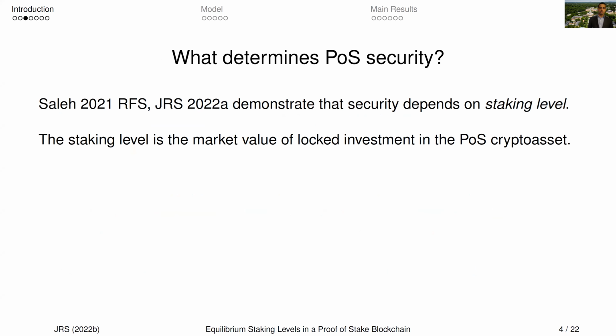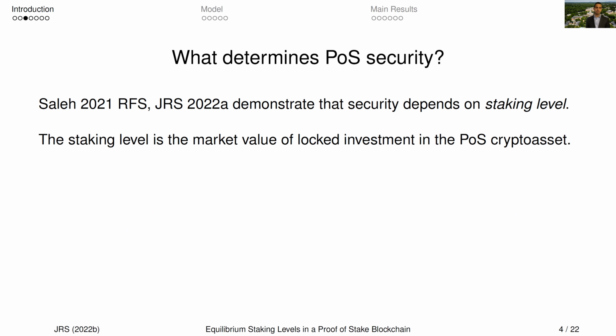So in order to understand this in a little bit more depth, I want to provide a little bit more context on what security actually means. Here I'm going to draw on some prior work in the economics literature, which clarifies what security actually means in a proof of stake context. In particular, it clarifies that security depends on what's called the staking level.